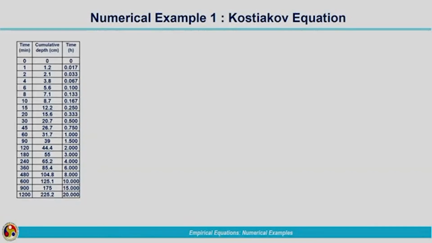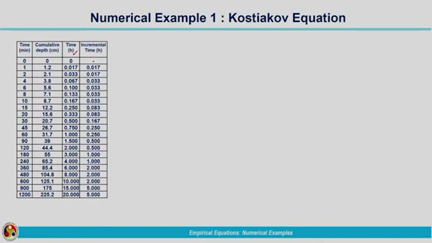So, the incremental time and incremental depth need to be calculated, that is given over here in the columns. This column represents the time which is converted into hours, and after that we will calculate the incremental time, how much time corresponds to each increment.